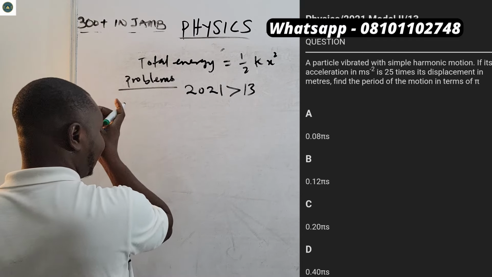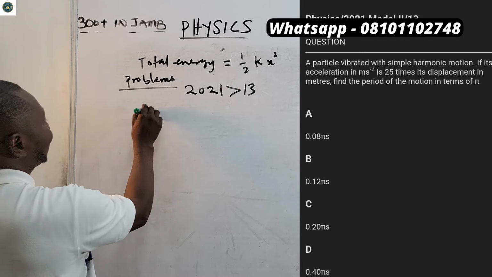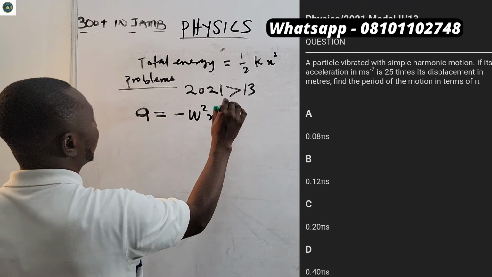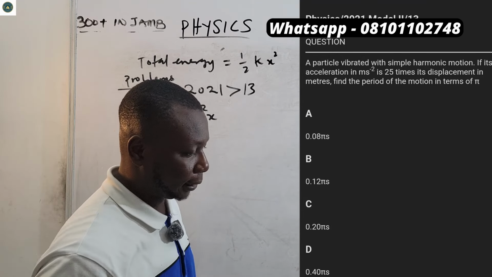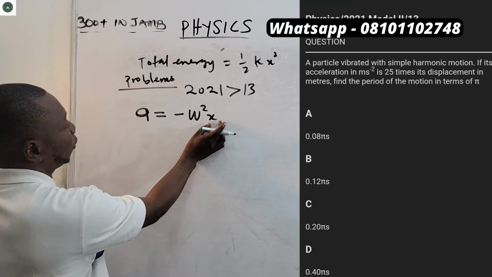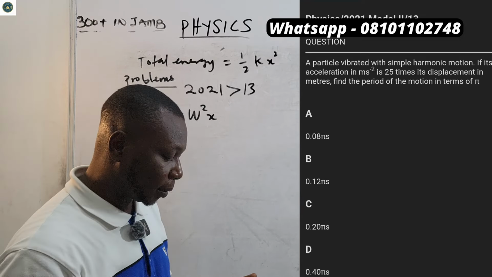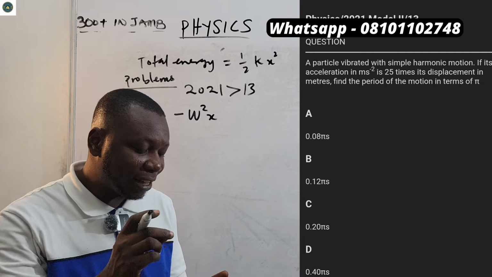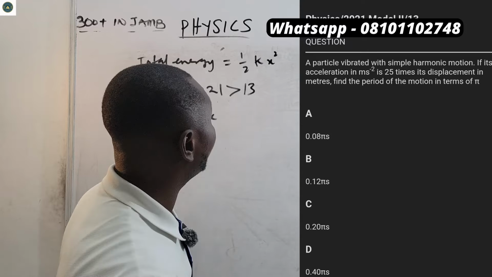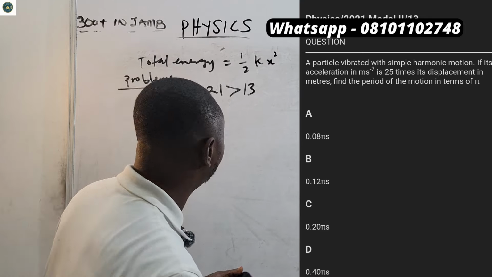Yes, this one tallies with the acceleration derivation we did just now. Now, what do we have? We know that acceleration is minus omega square x. And acceleration is always directly proportional to the displacement. The question says the acceleration in meter per second squared is 25 times its displacement.